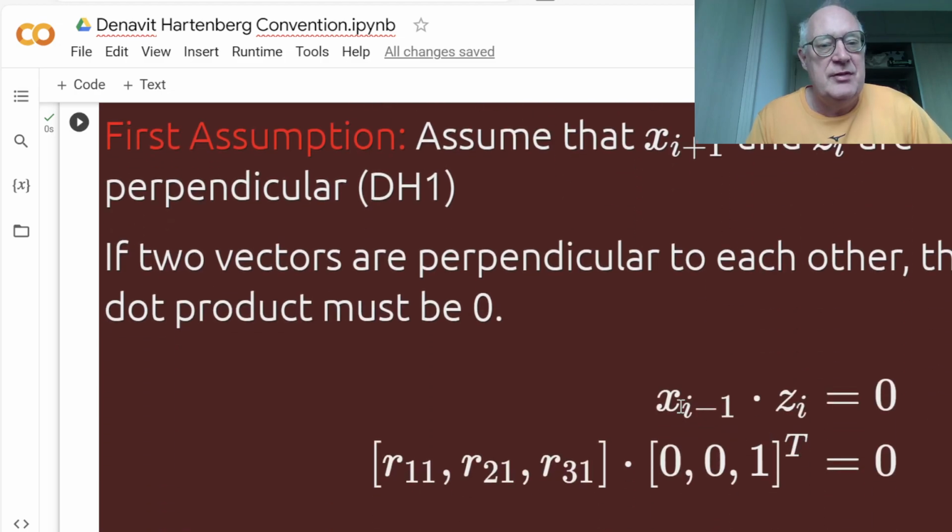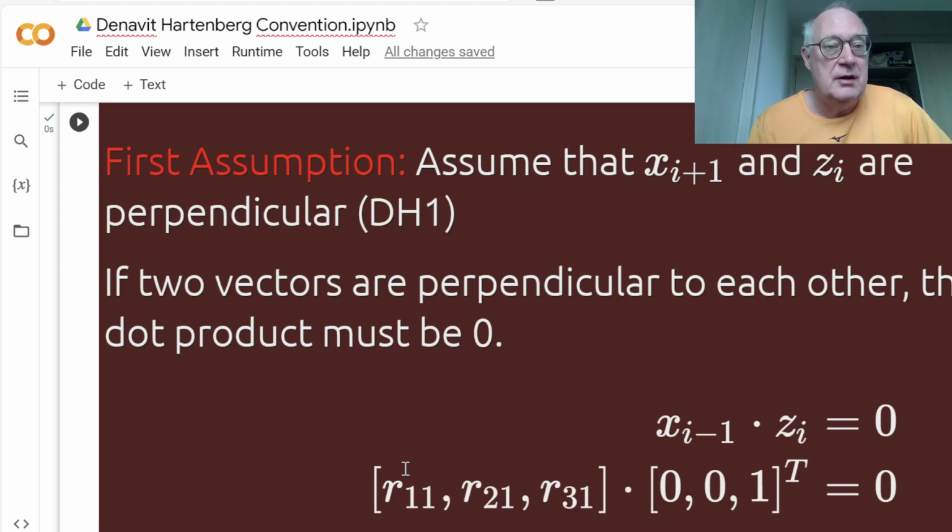Right? So that means that the dot product between xi minus 1 and zi has to be equal to 0. Now xi minus 1 is r11, r21, and r31.